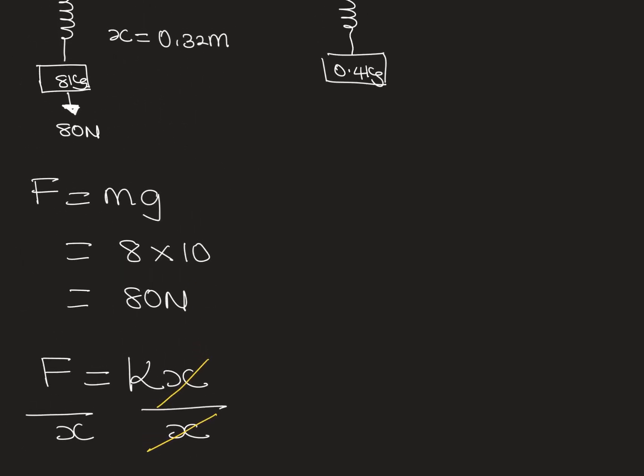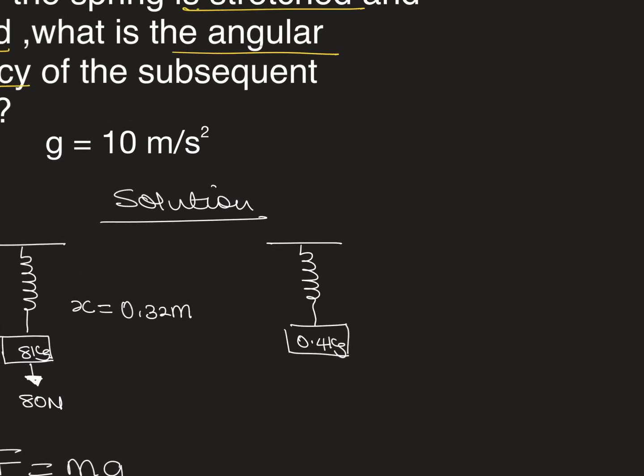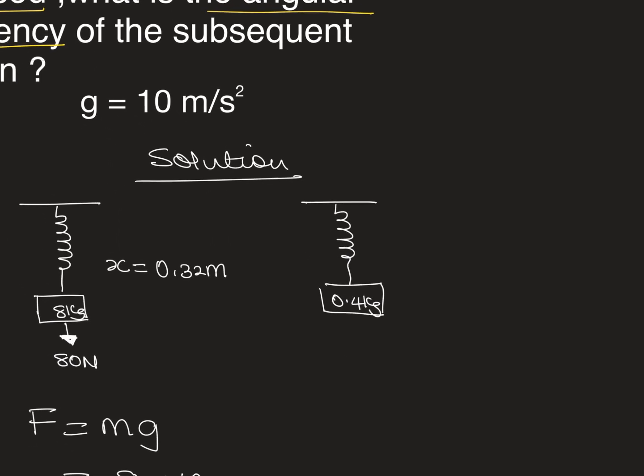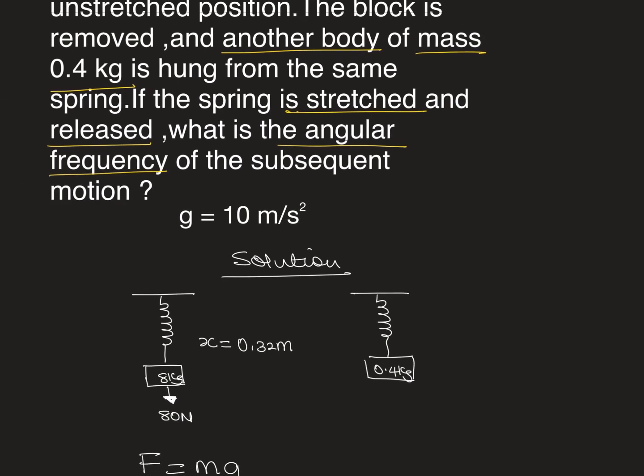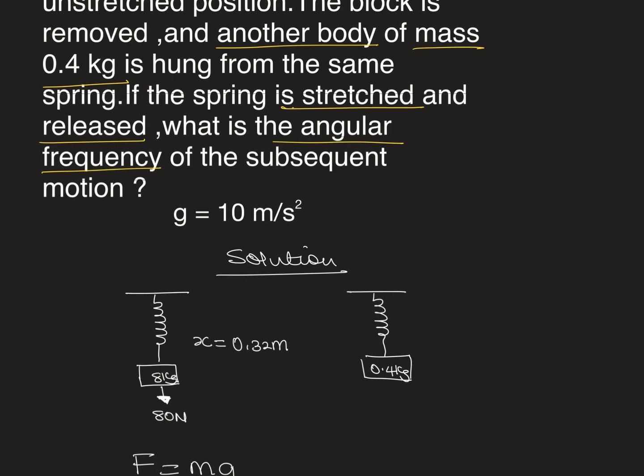If that is known, then we can move on to the second case where the 0.4 kilogram mass is now attached to the spring, and we want to know the angular frequency in this case. It says if the spring is stretched and released, what is the angular frequency of the subsequent motion?